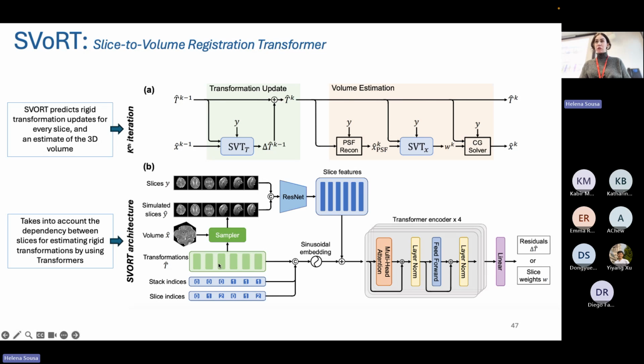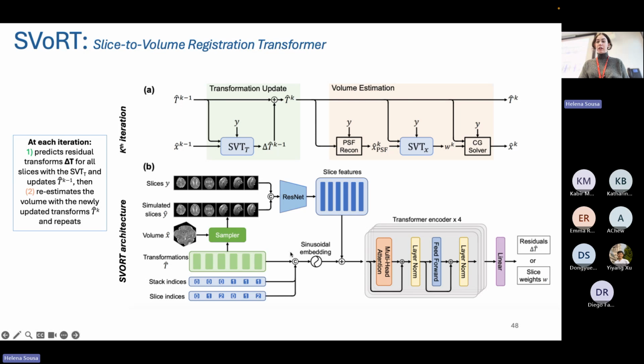In summary, the SVoRT architecture is based on using these transformer models to predict our residual rigid transformation updates for every slice, as well as an estimate of our current 3D volume. And just an important note is that the authors propose to use transformers here, since they inherently enable us to tackle this dependency that exists between slices when we are estimating rigid transformations.